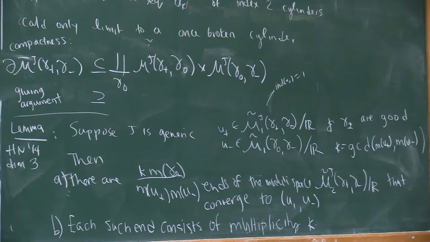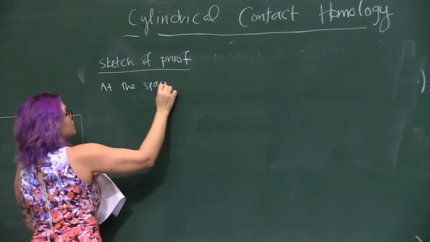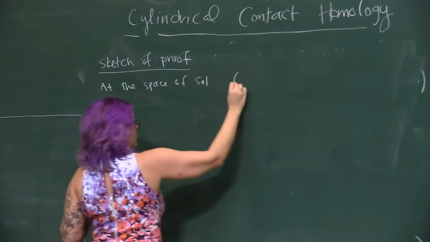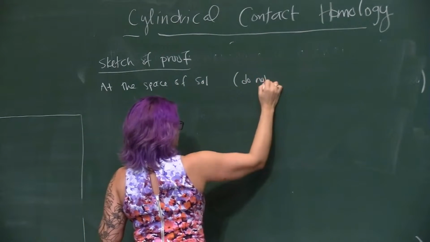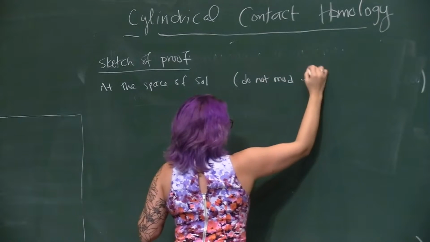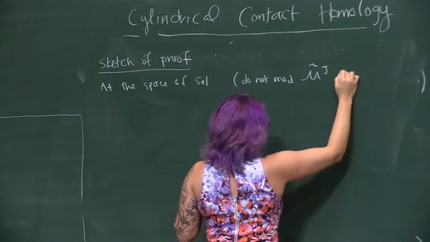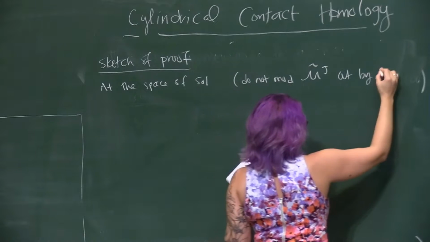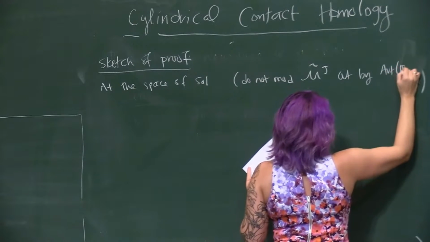Okay, so at the space of solutions, this means that we do not mod out by the automorphism group of R cross S1.